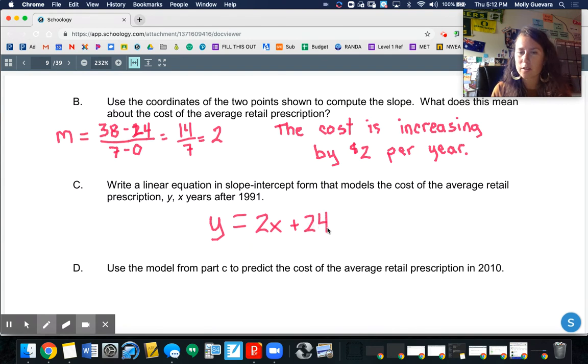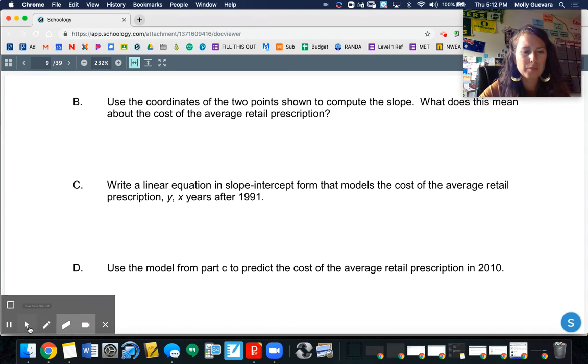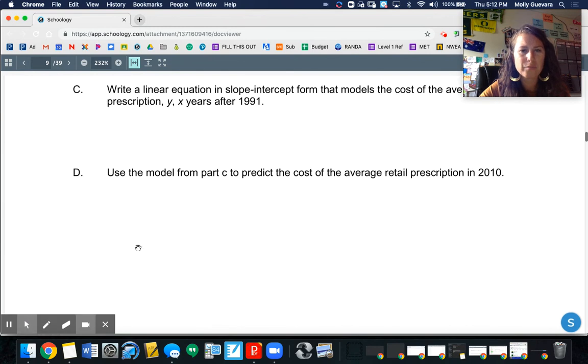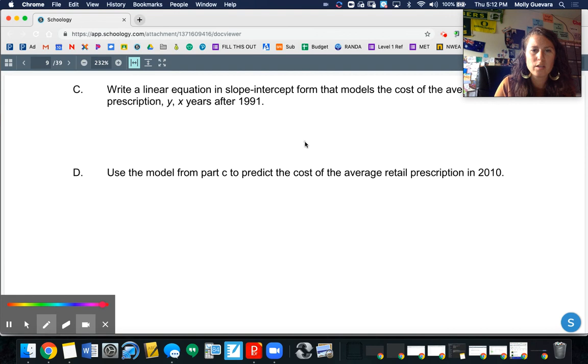So there's the equation. And then part D says, use the model from part C to predict the cost of the average drug in 2010. So I'm actually going to clear this and move down so we can have more room. But I'm going to rewrite this. So this was y equals 2x plus 24.